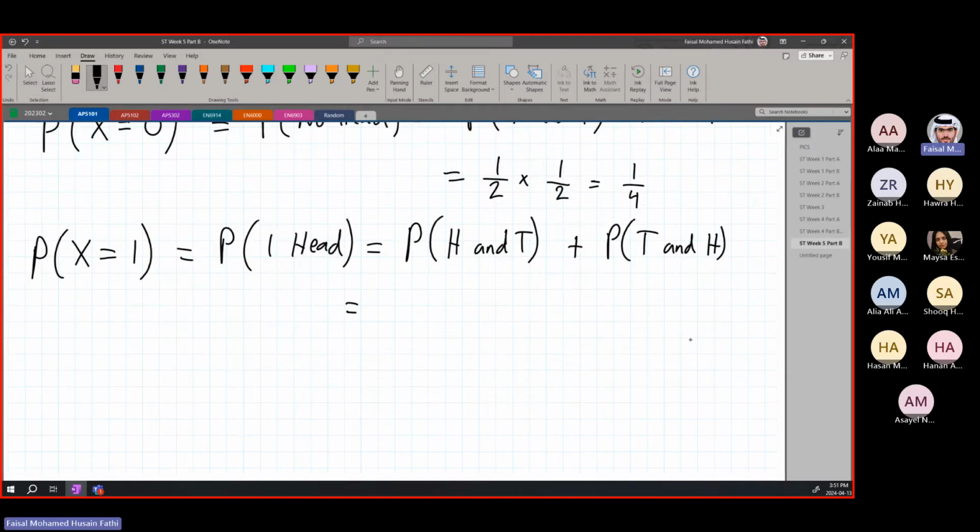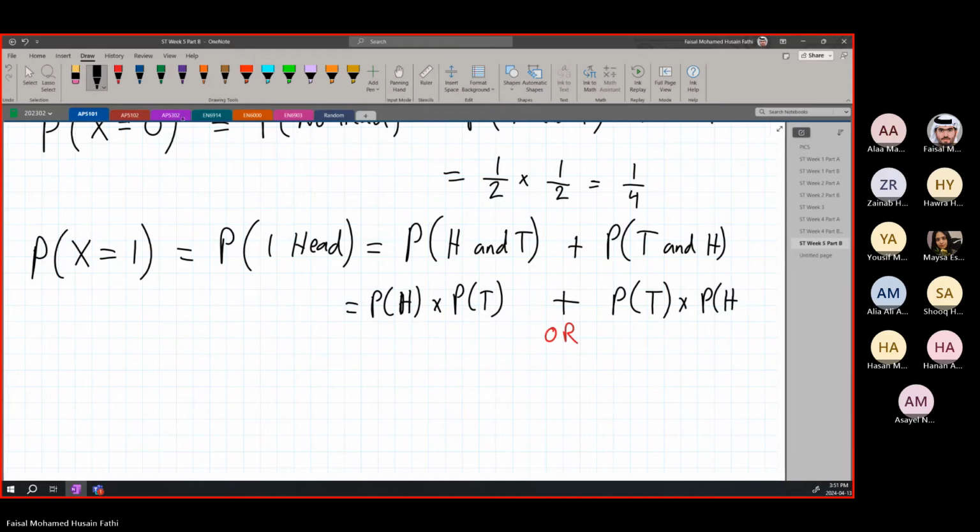So if we simplify this, this is P of H times P of T plus, remember, this plus is because this is like an or, okay? P of tails times P of head, okay?